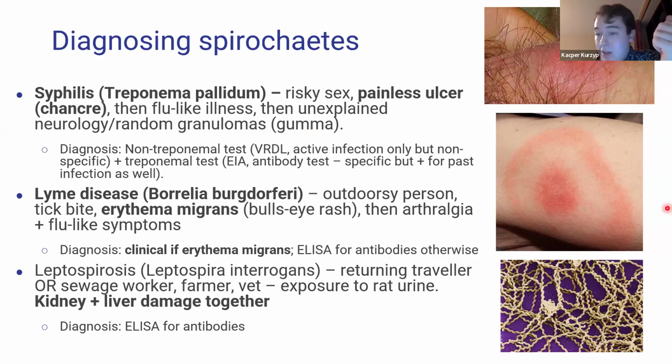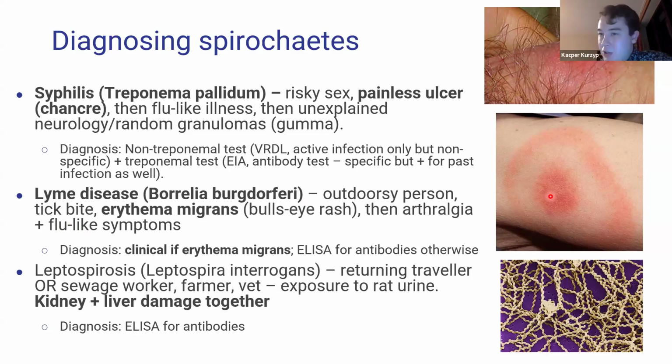Lyme disease is your outdoorsy person. They've been bitten by a tick. And characteristic is erythema migrans, so the bullseye rash. You get joint pain and flu-like symptoms, and you may wander around doctors for years. Of note, if you have a history of erythema migrans, that's your diagnosis done.